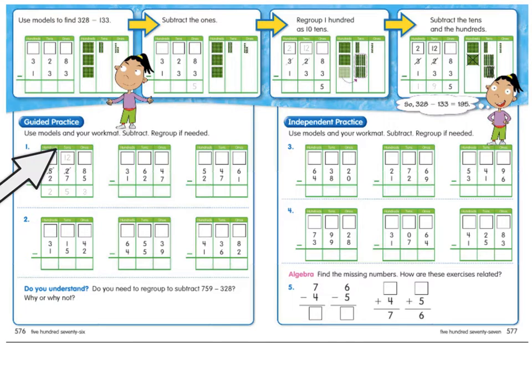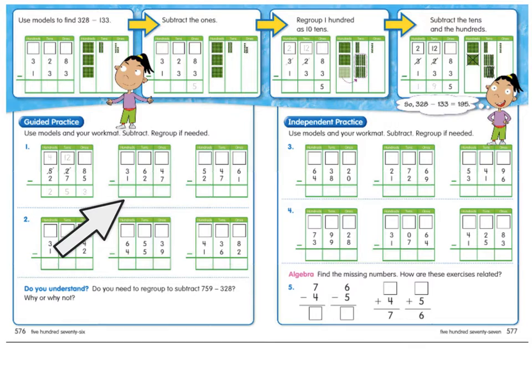Subtract. Regroup if needed. So the first one is completed for us. If we go to the next box, it says 364 minus 127. If I look at the ones, because that is my first step, I notice that 4 ones cannot subtract 7 ones. If there's more on the floor, go next door and grab 10 more.